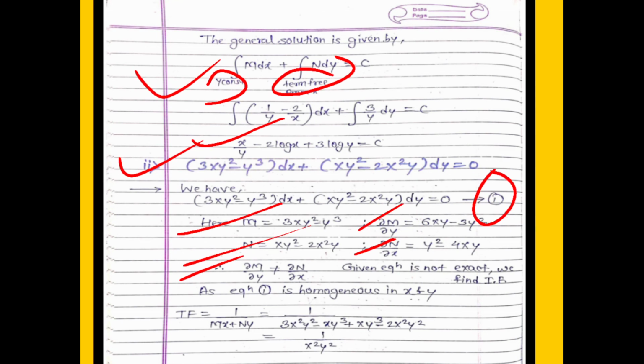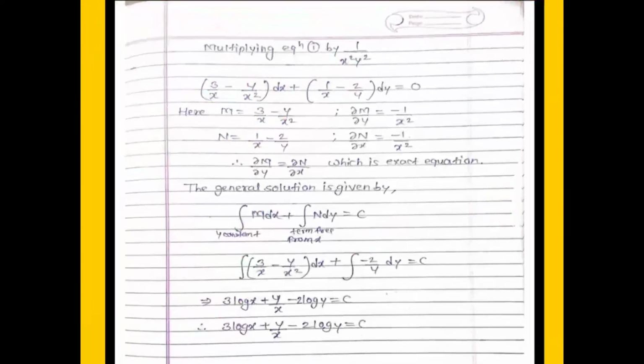Similarly, you have to find it, and after solving all the steps, you will finally get 3 log x plus y/x minus 2 log y equals c as the final solution. So this is the procedure for finding the integrating factor for a homogeneous differential equation. Further remaining rules we'll see in the next video. Thank you.